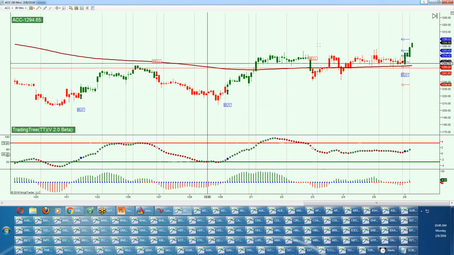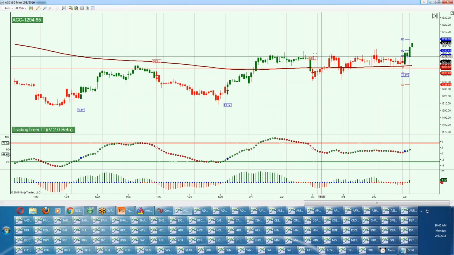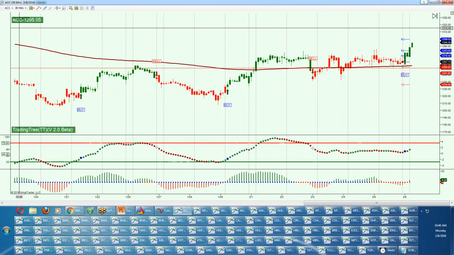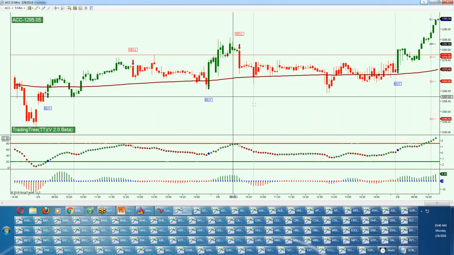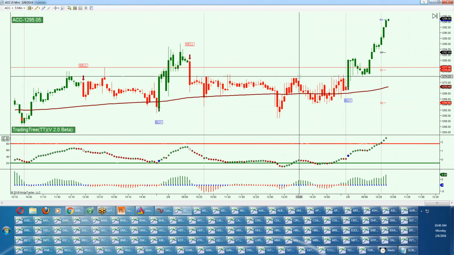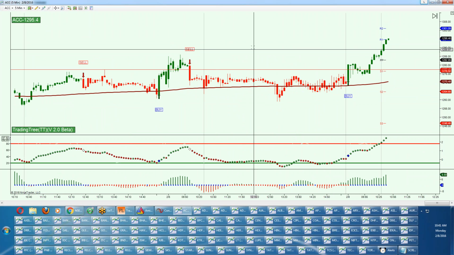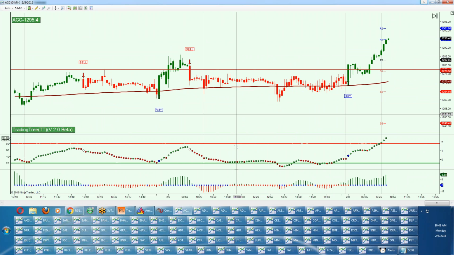The next target for ACC will be 1299. Or if you're doing intraday and want to book some small profits and come out of trades sooner, then the ideal time frame would be 5 minutes, or you can even trade in 10 minutes.